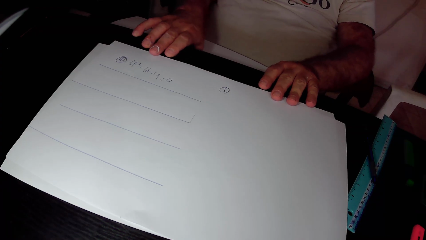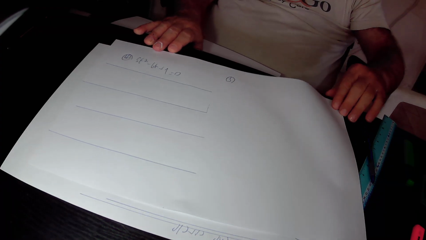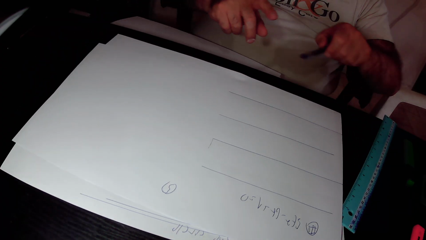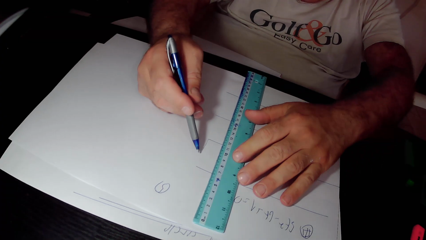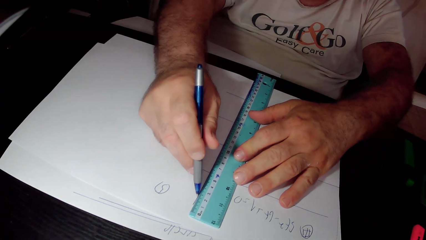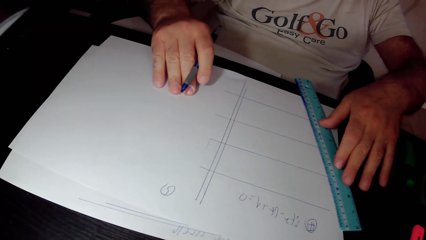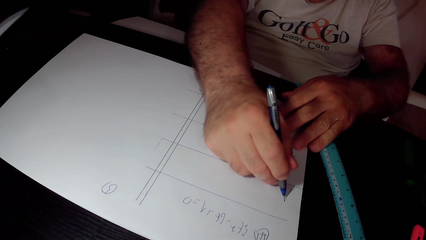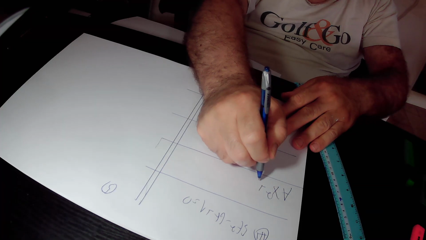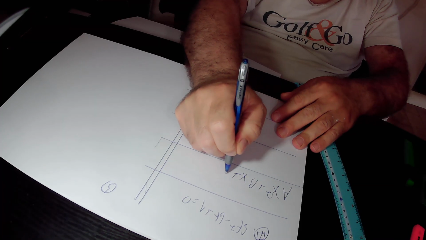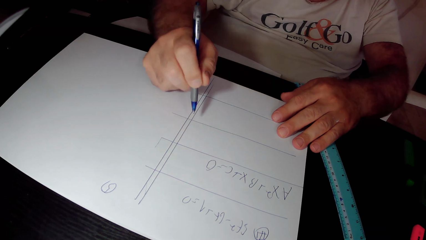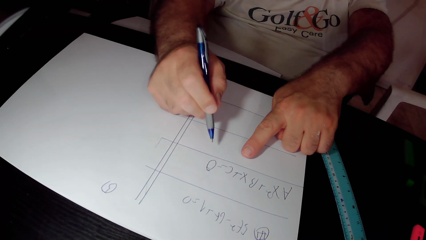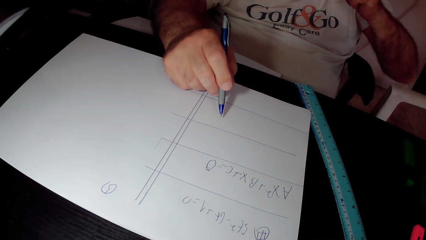So this is a quadratic equation. The general formula for a quadratic equation is ax squared plus bx plus c equals 0. In this general formula, a, b, and c are the coefficients of this quadratic equation, and x is the variable that we are looking for.